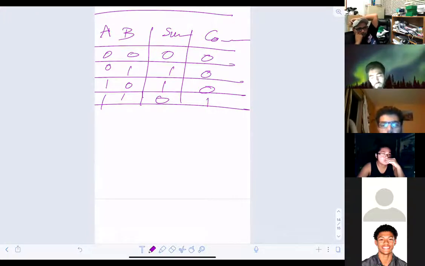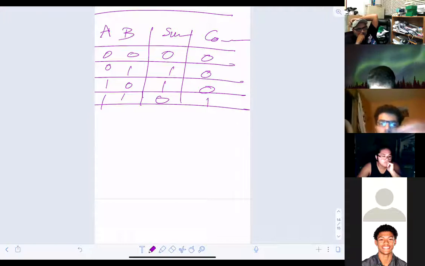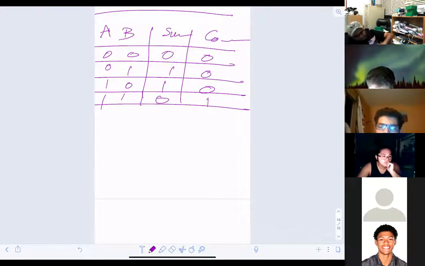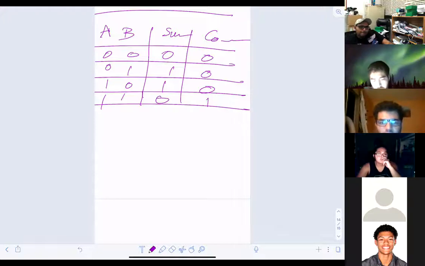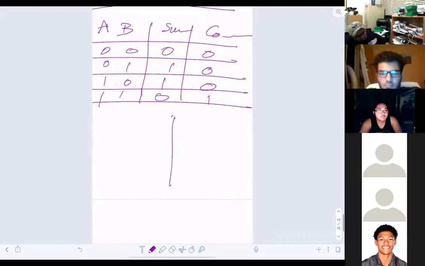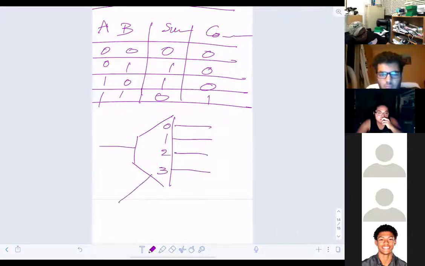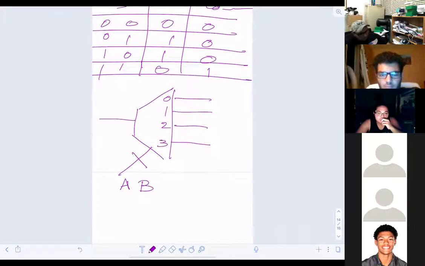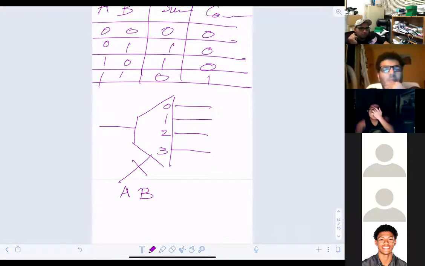Two of them, yes, 2 demultiplexers. Just think about it. Like this? Yeah.